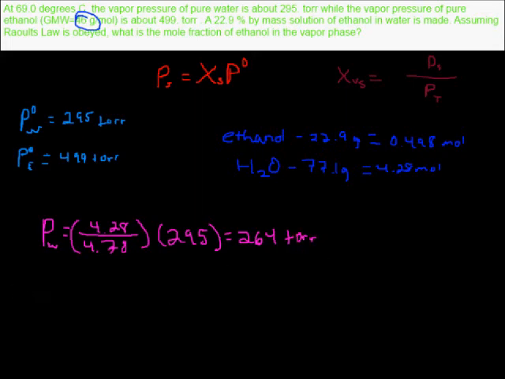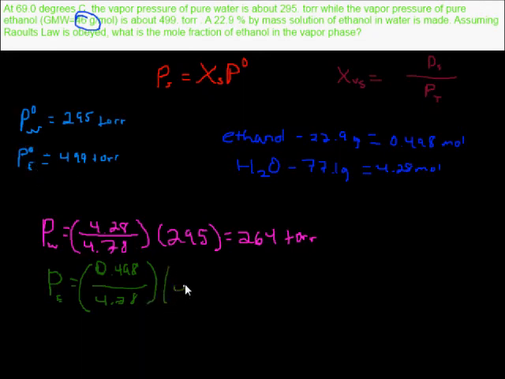So now we do the same thing, except for ethanol. Set it up exactly the same. We have 0.498 over 4.78. Remember, the answer is still 3 sig figs in this one.